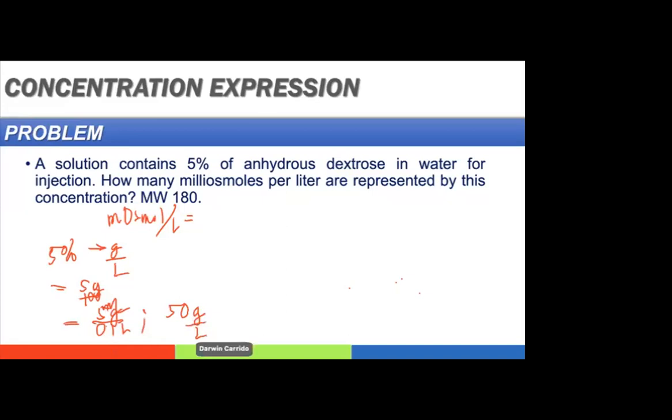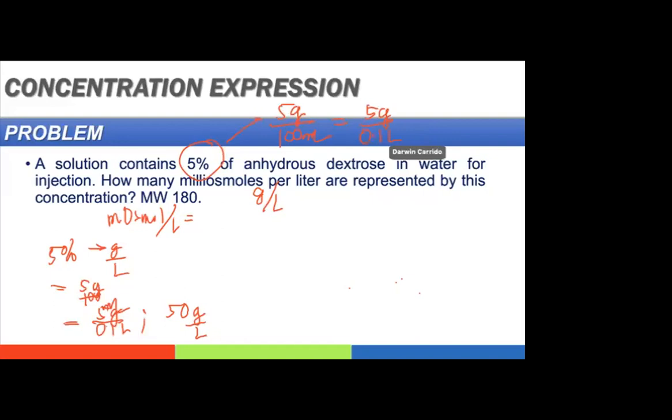Got it? Again, the concentration here in milliosmol is expressed as gram per liter. You have 5%, and you know that 5% is 5 gram over 100 ml. But we want per liter, not 100 ml. So this is also equal to 5 gram over 0.1 liter.